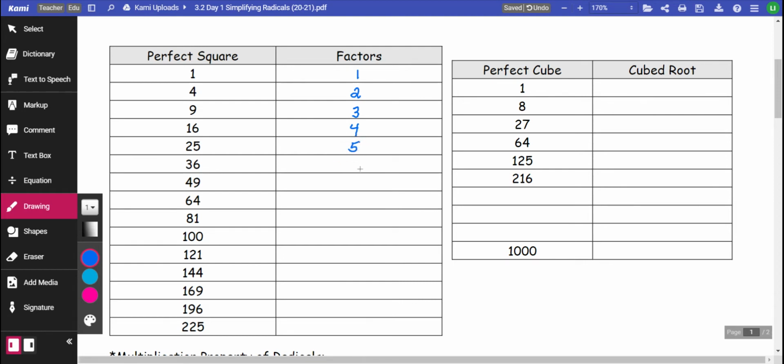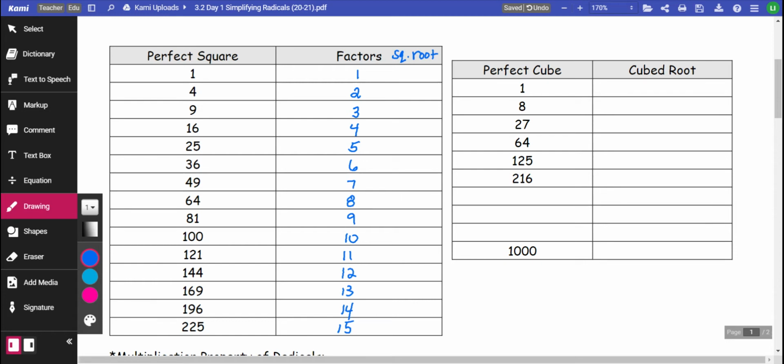So basically our factors are the square root of our numbers. If I take my perfect square and square root it, these numbers in this column are my factors.